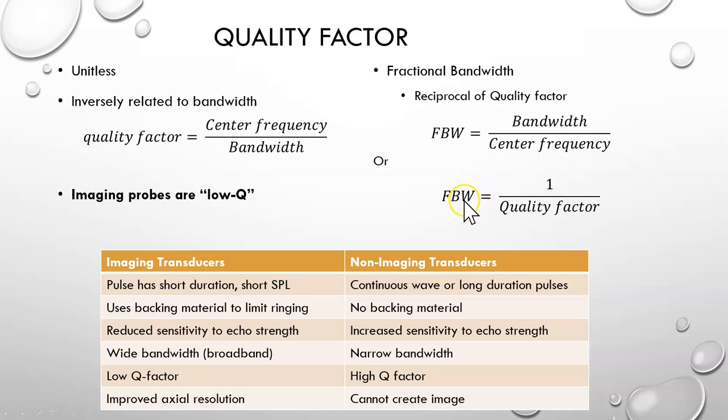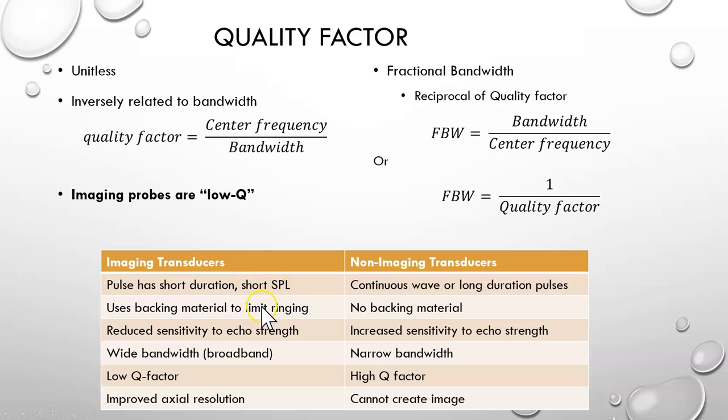So you can take your quality factor and just take a reciprocal, getting you the fractional bandwidth, or you can also just reverse the numerator and denominator of your quality factor so that you have bandwidth over center frequency, and that will give you your fractional bandwidth.